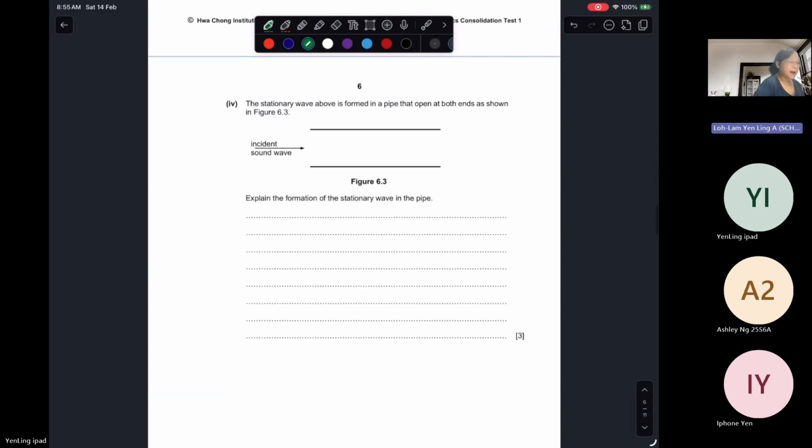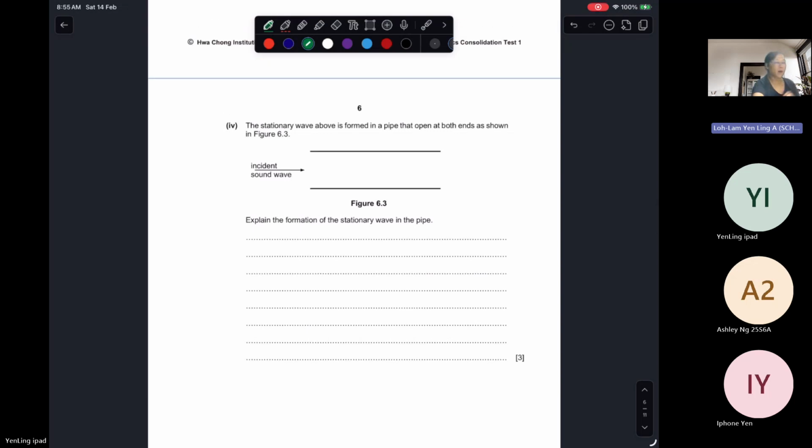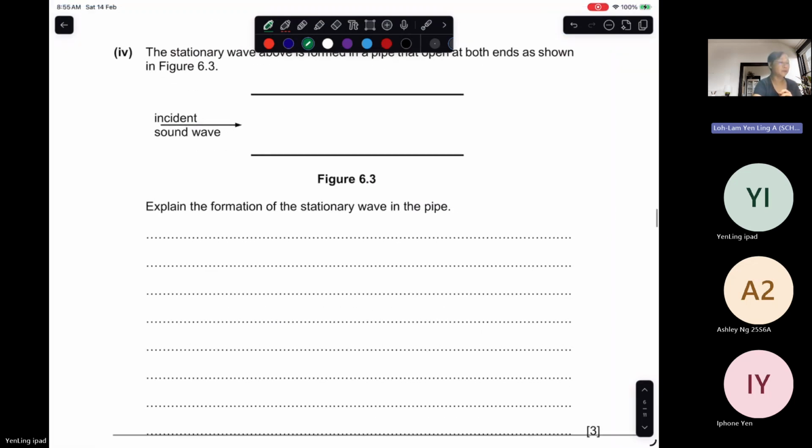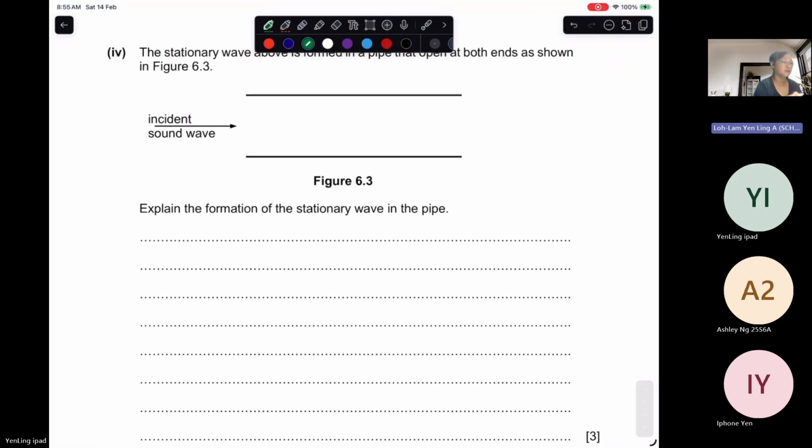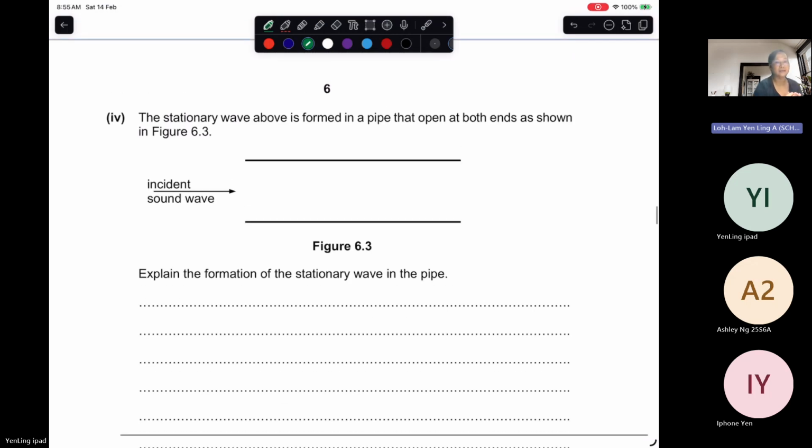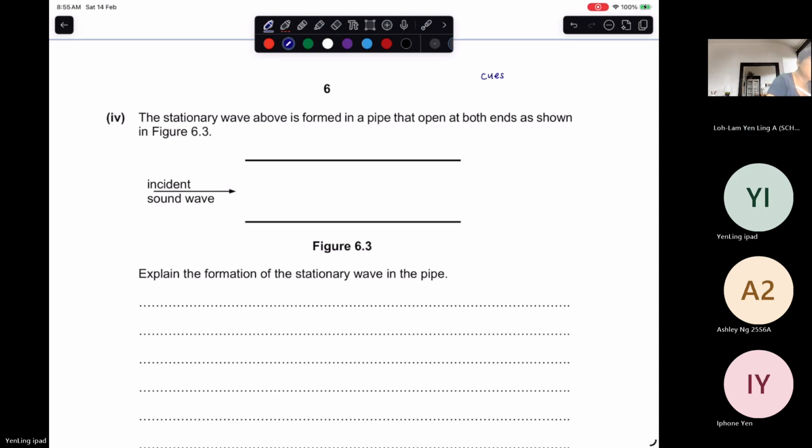So the next part is actually quite a classic explanation question in the formation of stationary waves, but this has a certain context. So in answering a qualitative question, we still go back to this: look at the cues in the question, and this would include the keywords.